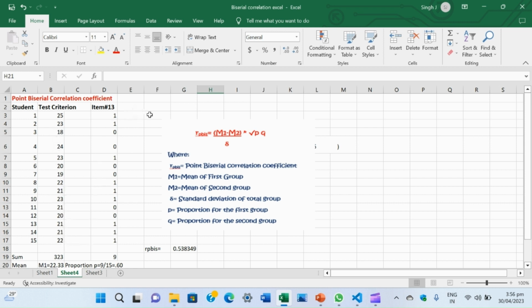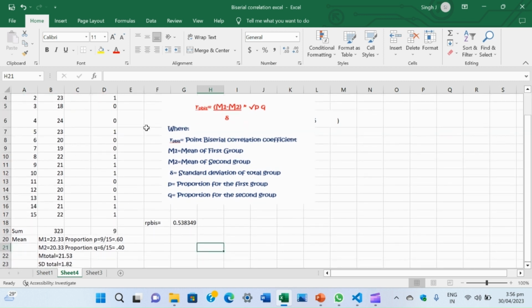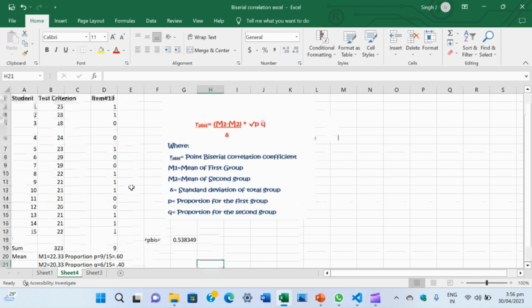In that question paper there is an item, suppose the 13th, in which there are two responses: one is for correct, true, and zero is for wrong. Nine students attempted item number 13 correctly, and 6 students did not.